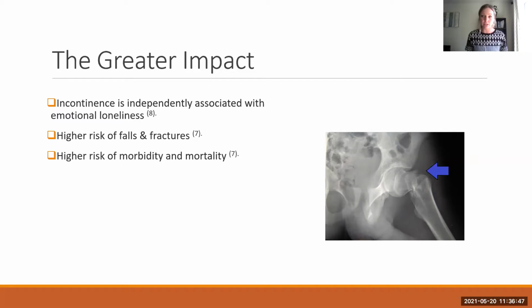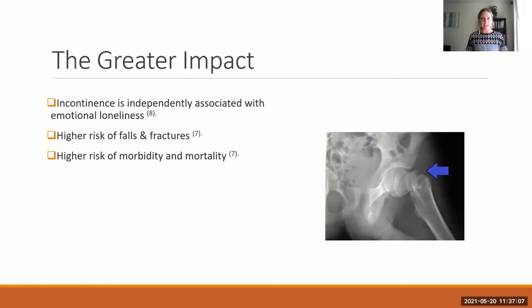There's a high risk of falls there, especially if they're getting up frequently and have functional disabilities. And anybody who knows older people who have fallen knows there's a high risk of fractures associated with older people falling.